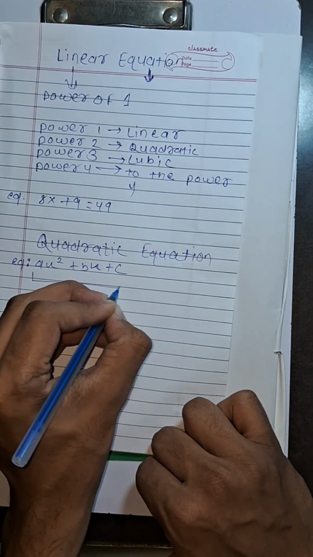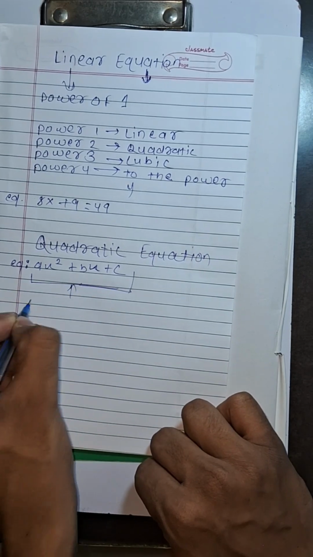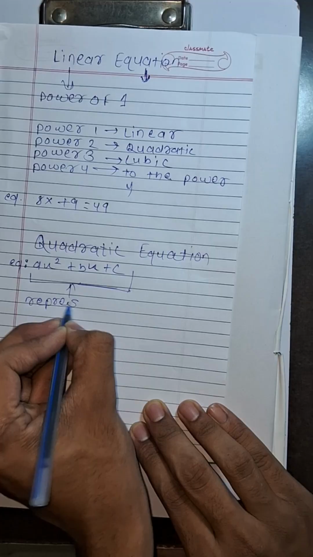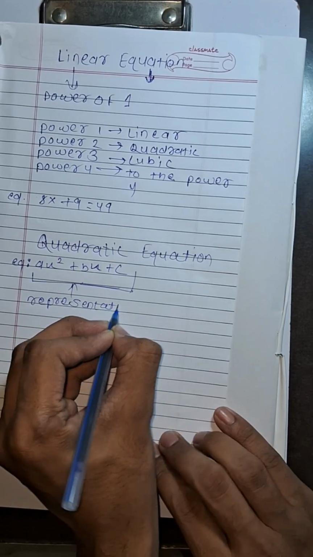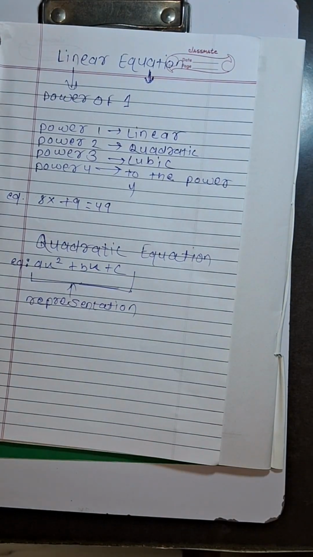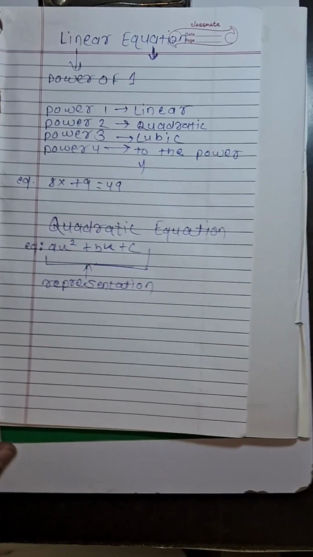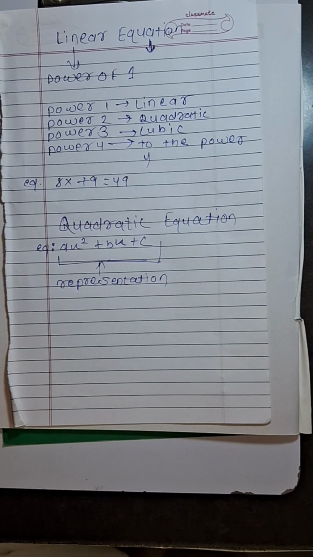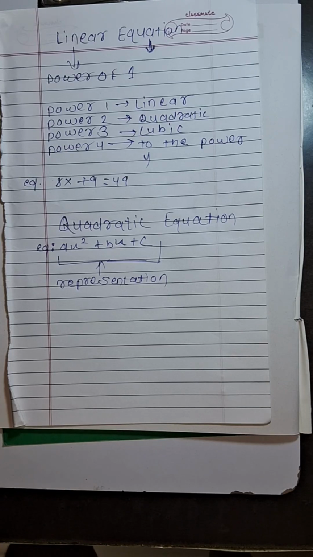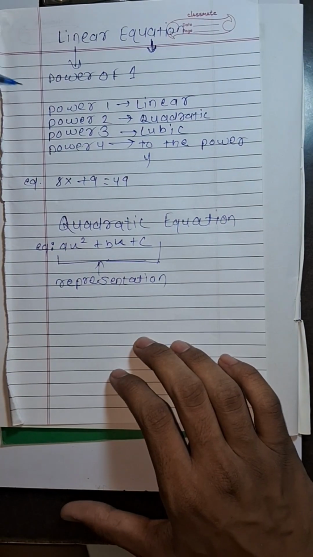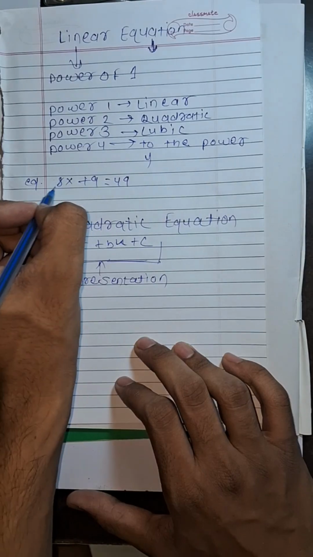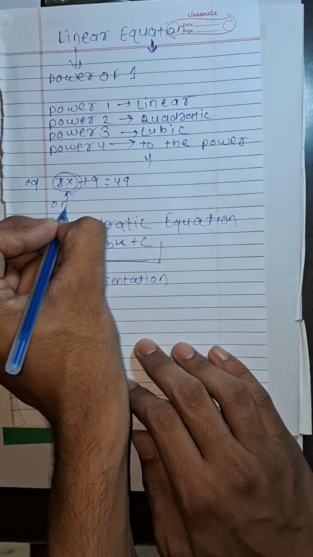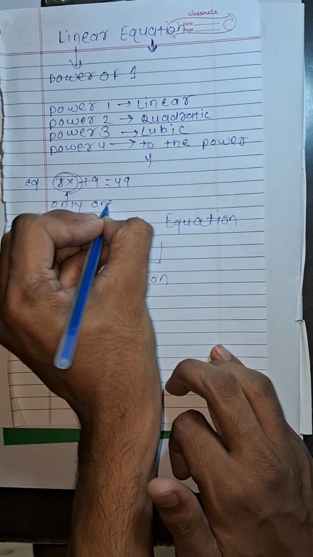This is the representation of how a quadratic equation is written. In this way quadratic equations are represented. As we learned earlier, a linear equation will have only one solution, only one answer.